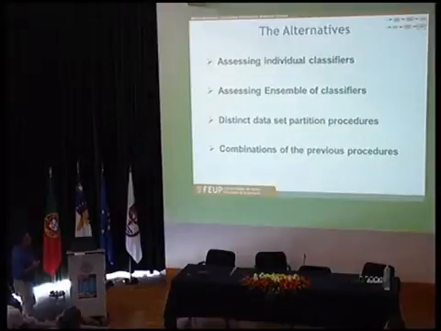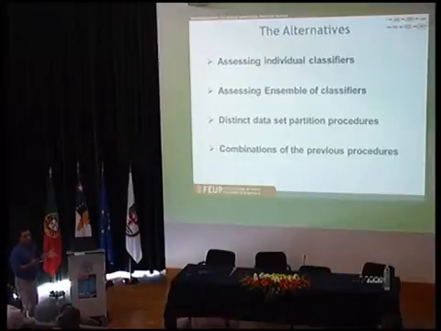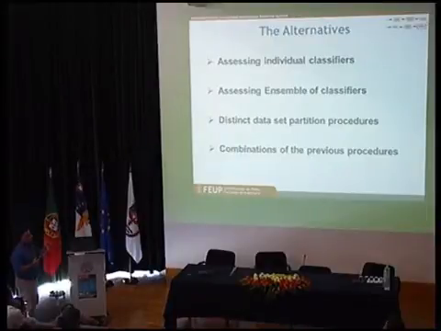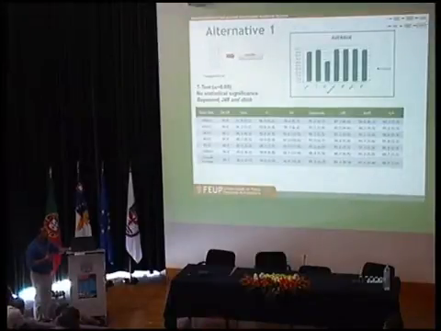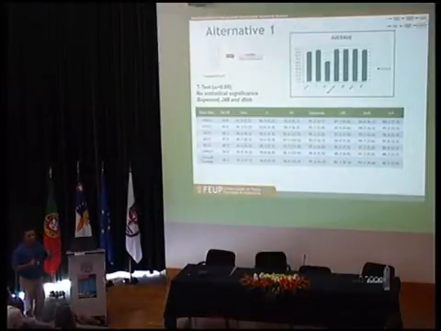We either assessed individual algorithms, used ensembles of algorithms, tried to partition the data in different ways, and tried combinations of all these previous approaches. I'm going to present the different alternatives and the results of this comparison.